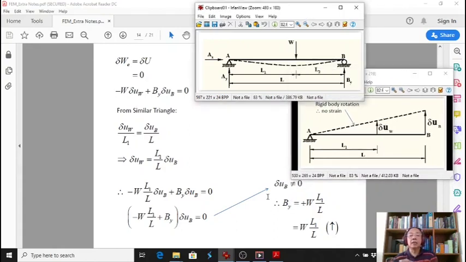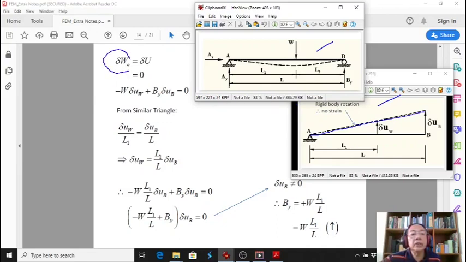This is real, and this is virtual. So this is virtual displacement, with the virtual work external.